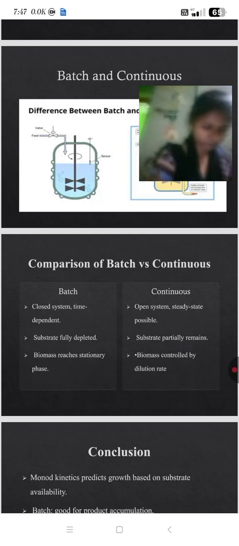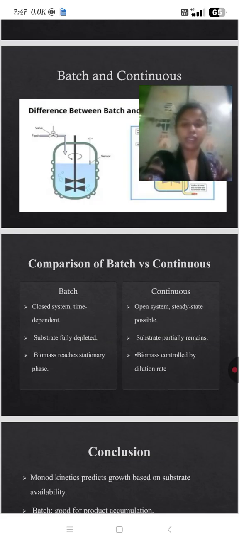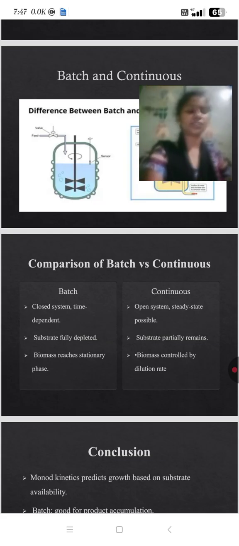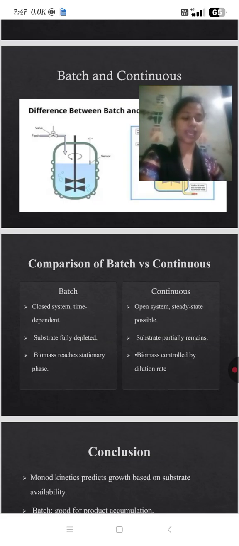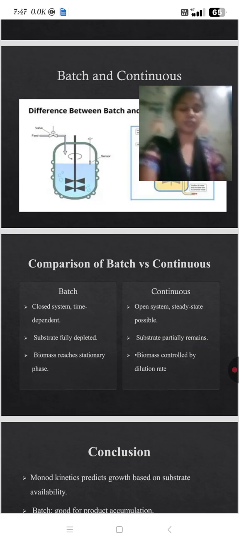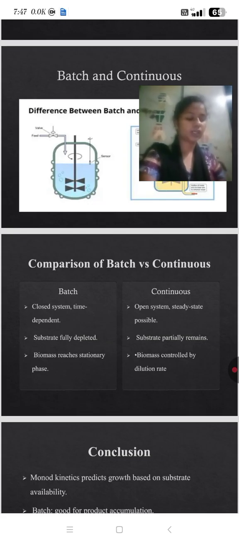Continuous culture. A chemostat is a bioreactor where fresh sterile medium is continuously added and used culture is removed at the same rate. The culture vessel contains microorganisms growing in liquid medium.